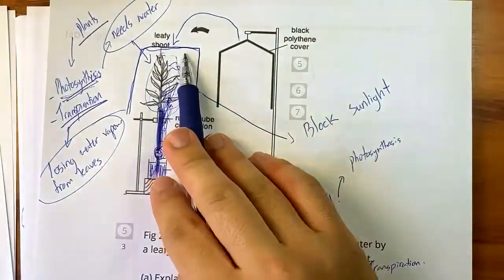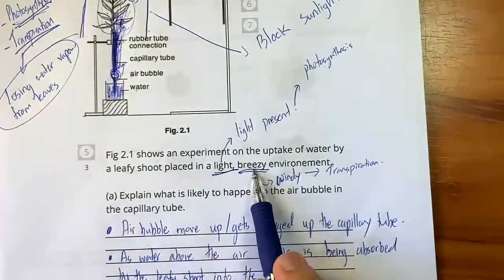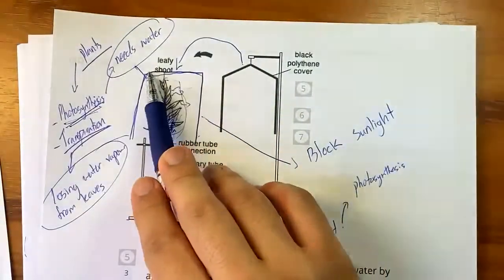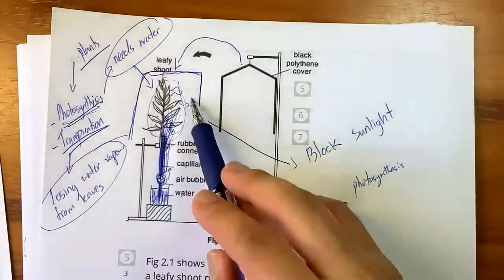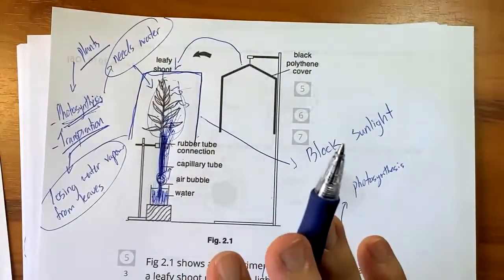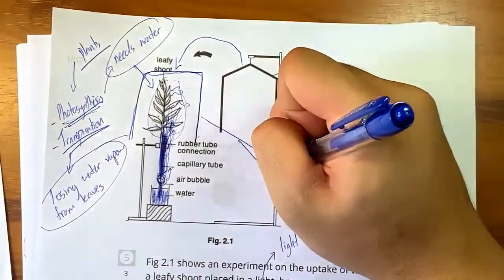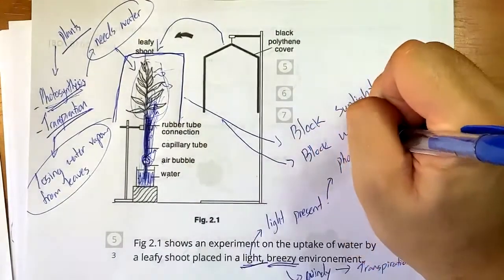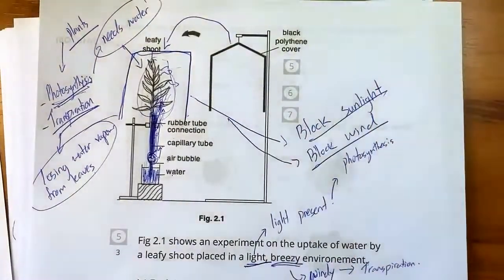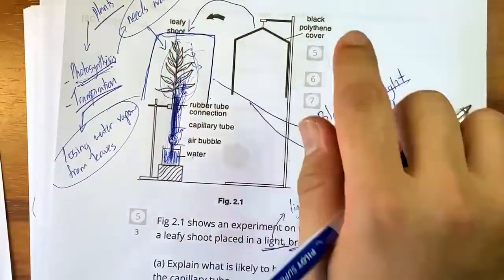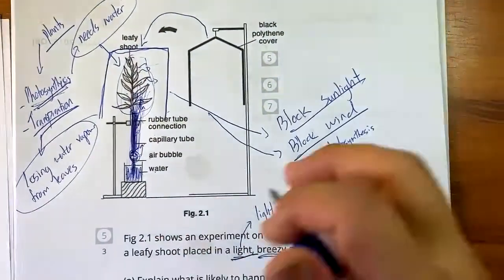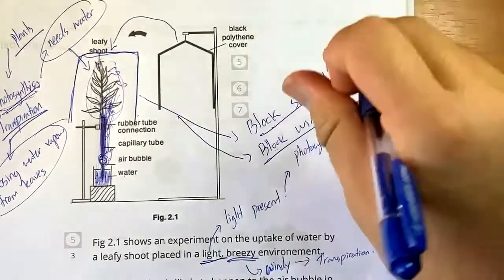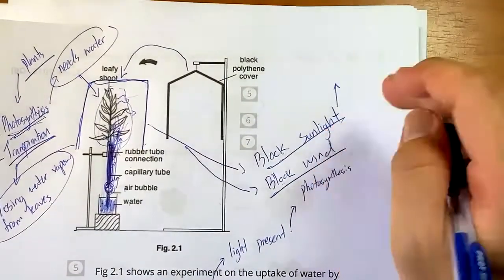Earlier, it mentioned a breezy environment, which has to do with transpiration. Now, if you block it with the cover, can the wind go in? No. So it doesn't just block sunlight, it will also block wind. So this is what the black polythene cover is doing. And when you block sunlight, can photosynthesis happen?